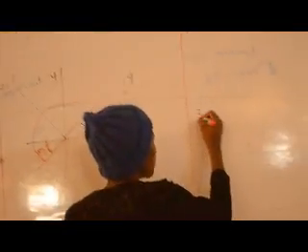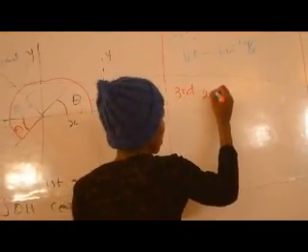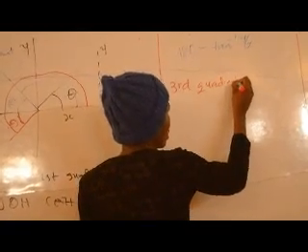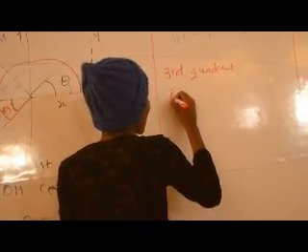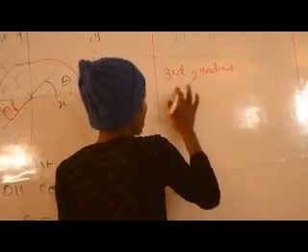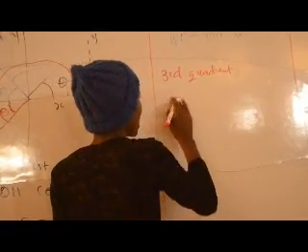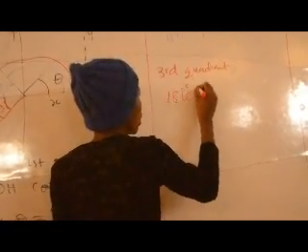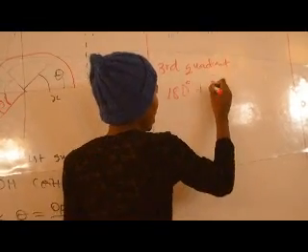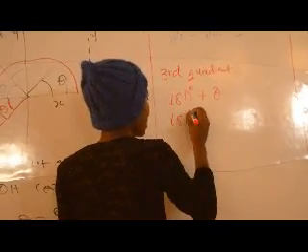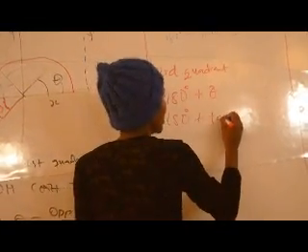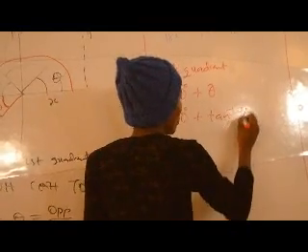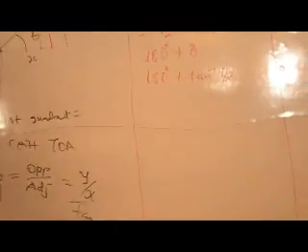So for the third quadrant, we can say that theta, or our argument, is equal to 180 degrees plus the value of theta. And I said our theta is equal to what? The tan inverse of y over x. Now let's move to the fourth quadrant.